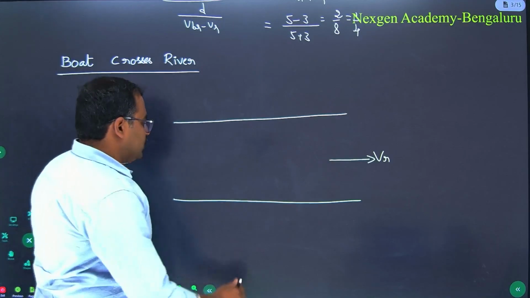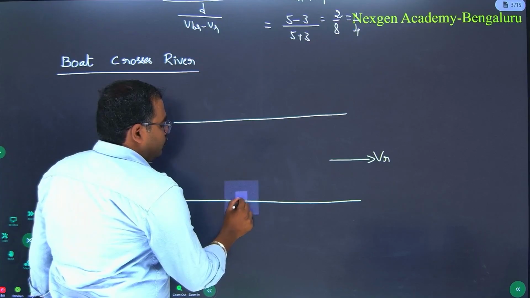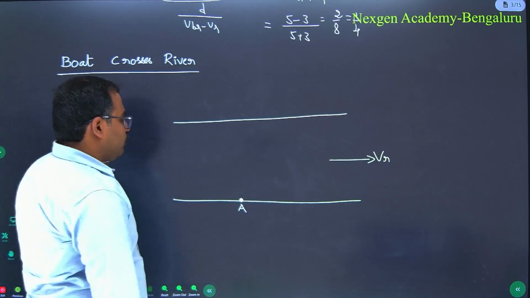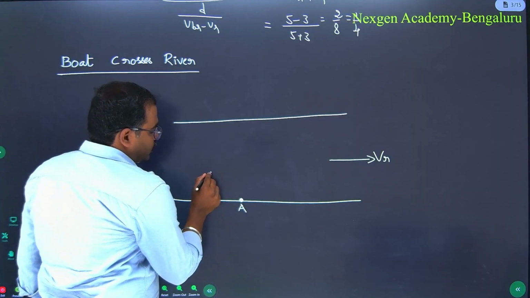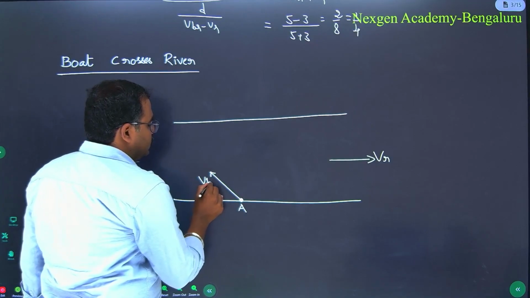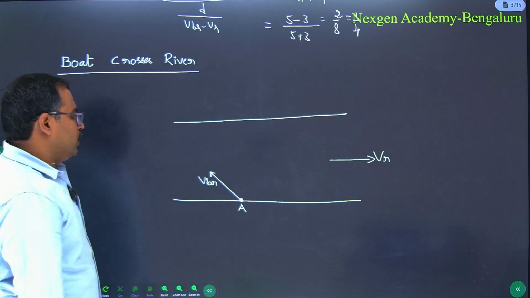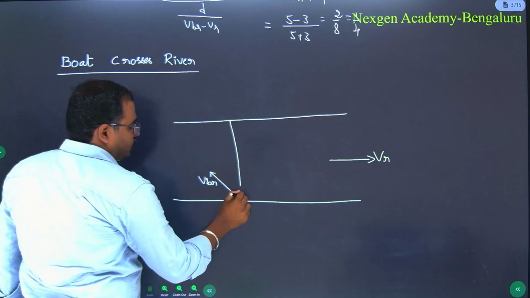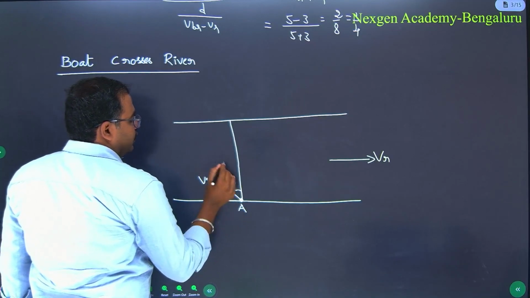From this point, one bank A of the river, a boat has started with a certain velocity VBR, the velocity of the boat with respect to the river. With what angle? With the vertical. Let's imagine it subtends an angle theta.